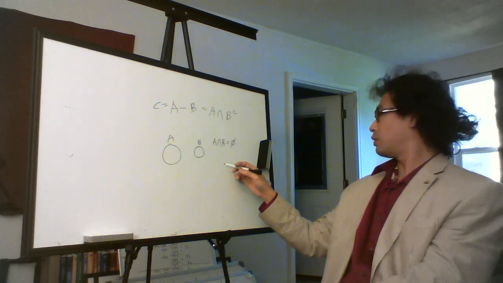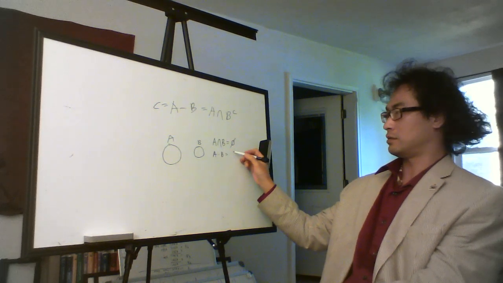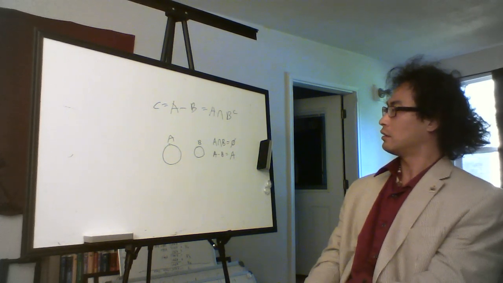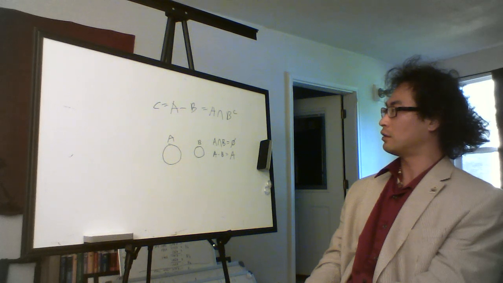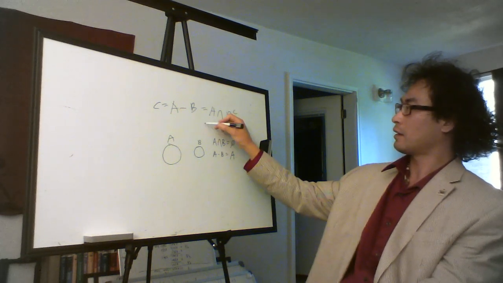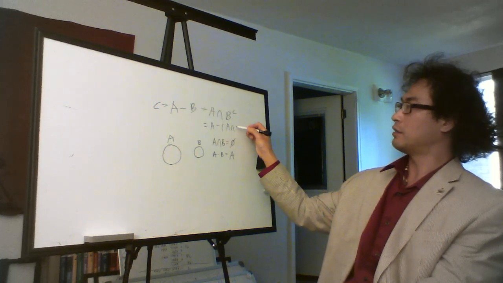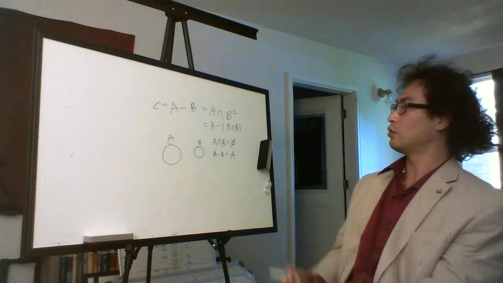So then A minus B is just A. Why? Because this is also A minus A intersection B. Why? You wanna see why?